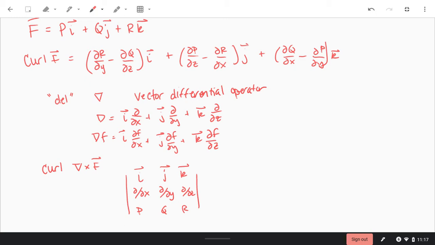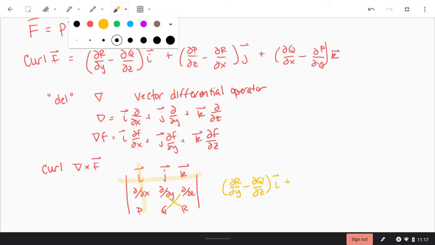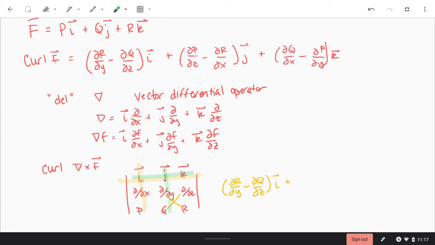Okay, so when we do the i part, we're going to write dR/dy minus dQ/dz, right? AB minus CD, i, plus, now we're doing the j part. So dR/dx minus dP/dz, but remember, when you're doing your cross product, that whole second term is negative.